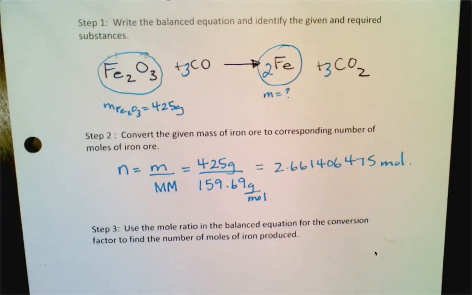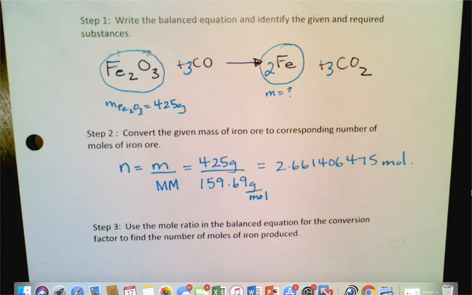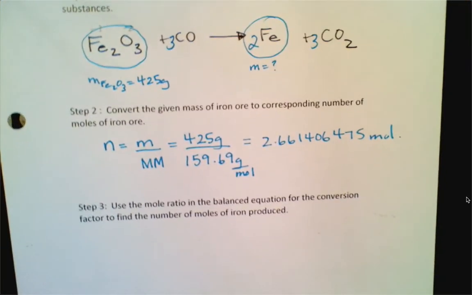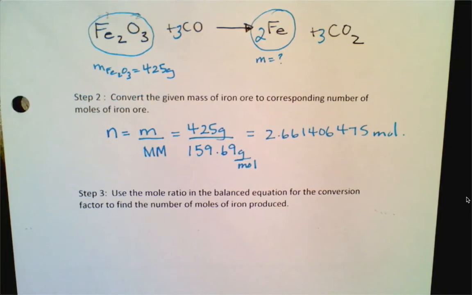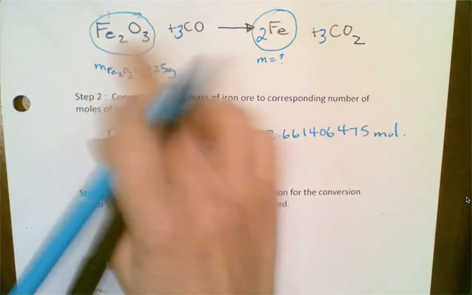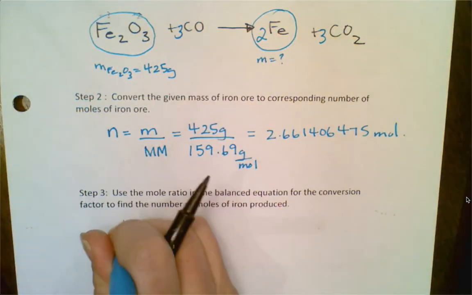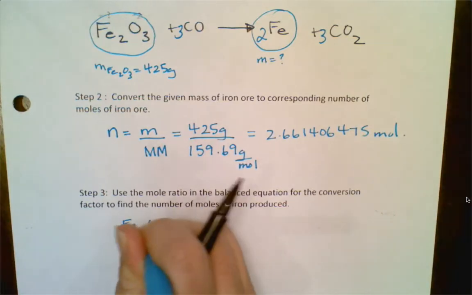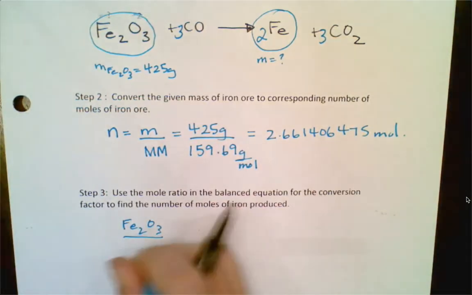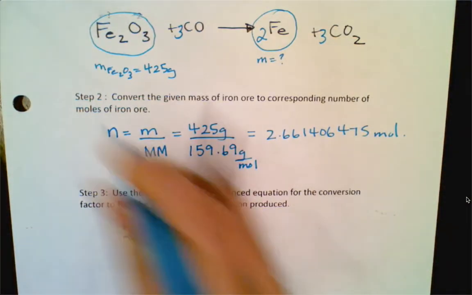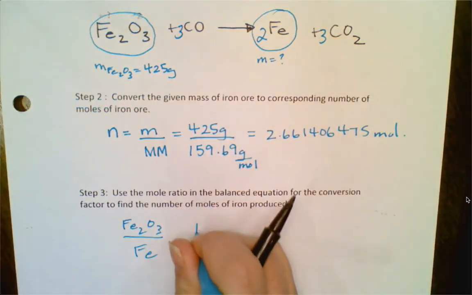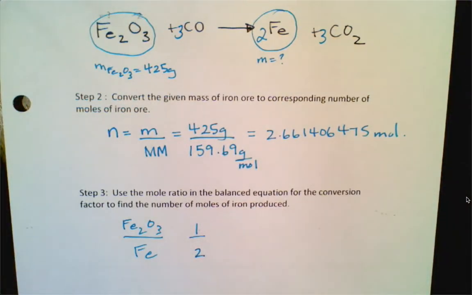The next thing that I want to do is go on to step 3 and set up a mole ratio between the 2 items that I'm working with. The ratio of iron 3 oxide to iron, according to the balanced equation, is a 1:2 ratio.